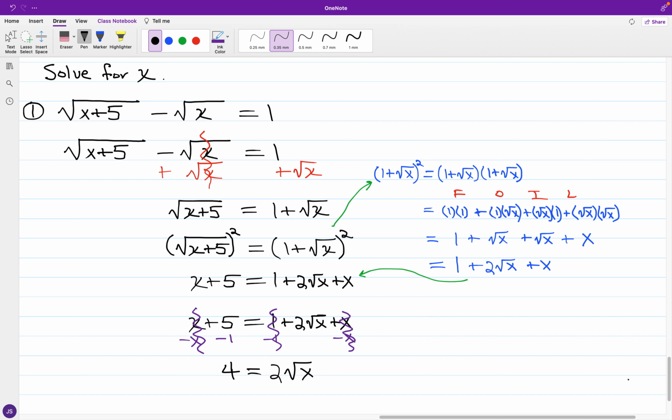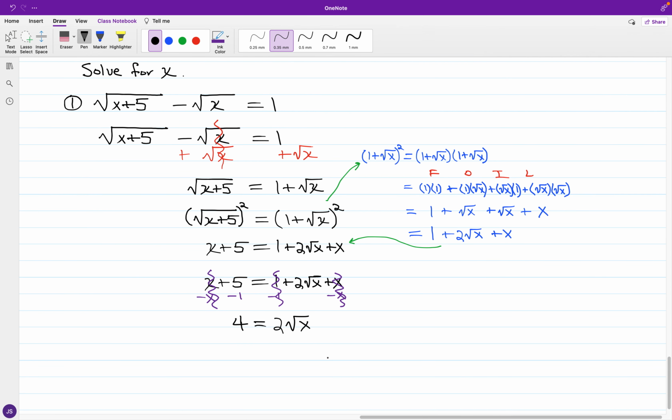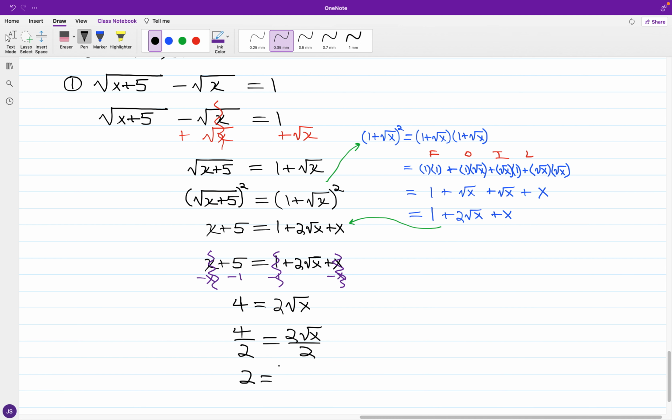Now for the follow through, you could either go ahead and square both sides, or you could isolate the square root of x by dividing by 2, where 4 over 2 is going to be a whole number. If I had like 3 is equal to 2 square root of x, I would say go ahead and square both sides. But no one right way in this one. So here we have 4 over 2 is 2, and we have 2 is equal to the square root of x.